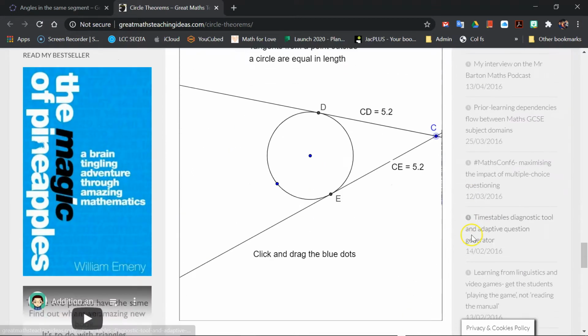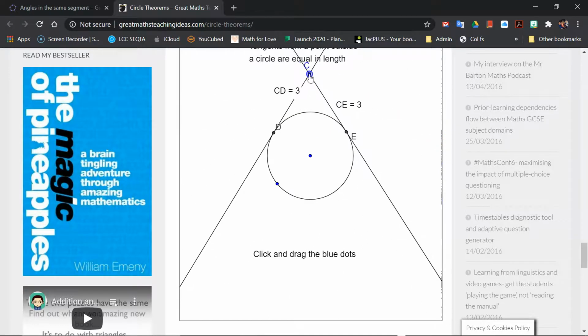Okay, so we will have two identical triangles from the top and the bottom. Or if I put point C up on the top, then we'll have a line going right through. The triangle on the left is going to be identical to the triangle on the right. And those two angles are going to be 90 degrees.